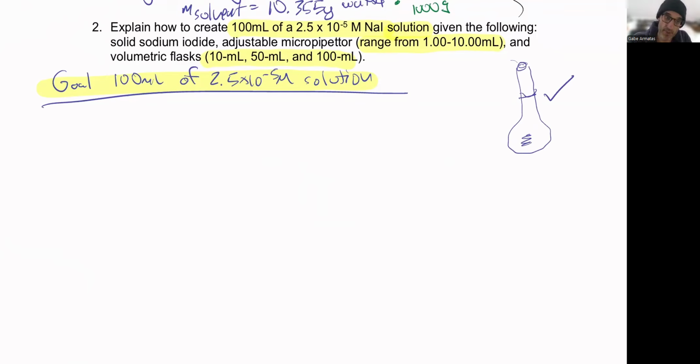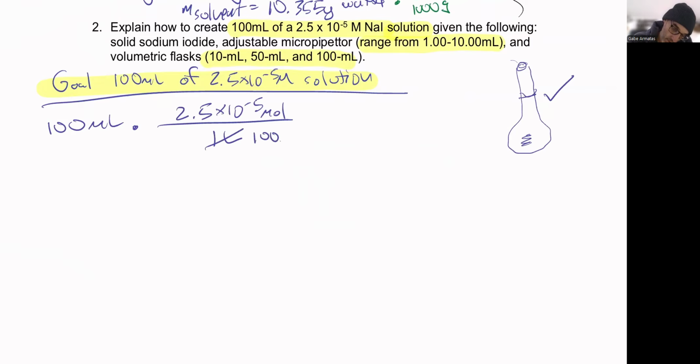Is it possible to do that? Well, let's find out. So I want to make 100 milliliters of this solution. I want that solution to be 2.5 times 10 to the minus 5 moles per 1 liter. Right now, the liters will not cancel, but I can change that. We're just going to call that 1,000 milliliters. Those two are the same, so I can replace one with the other, but this will allow milliliters to cancel.